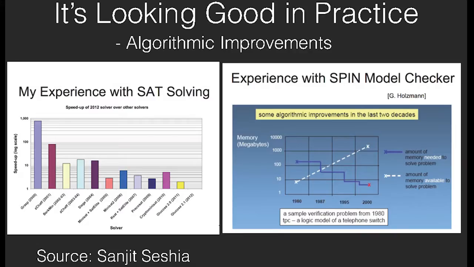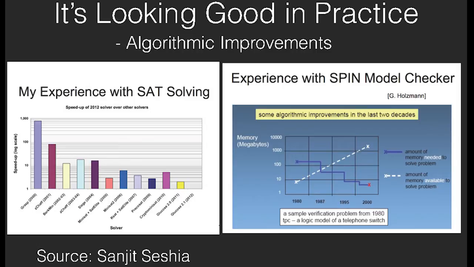But in practice, these are two slides from a class I'm taking at Berkeley with Sanjit Seshia. The slide on the left is on the same hardware, showing algorithmic improvements in SAT solvers. In a little over a decade, you can't even see the last bar because there was a 1,000-fold algorithmic improvement in satisfiability. So much so that satisfiability is viewed as an easy problem, even though it's NP-hard.